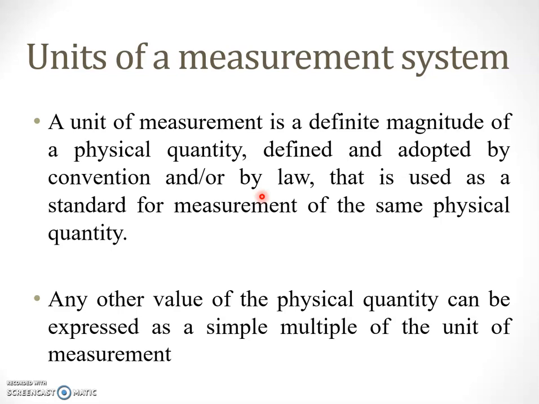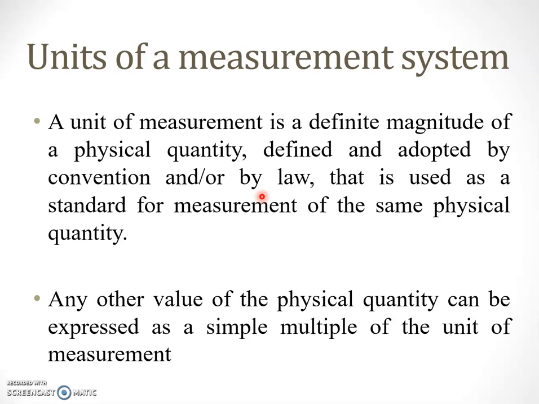For example, meter is the unit of length that represents a definite predetermined length. If we measure a material as 10 meter, or a material of 10 meter long, that means it is 10 times the definite predetermined length called meter, that is the unit of length.